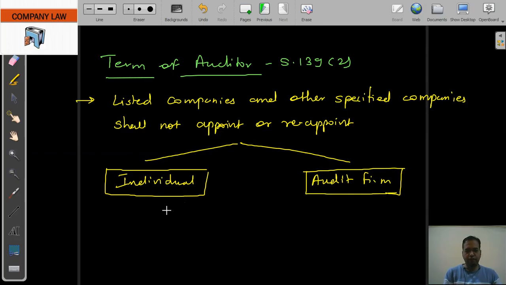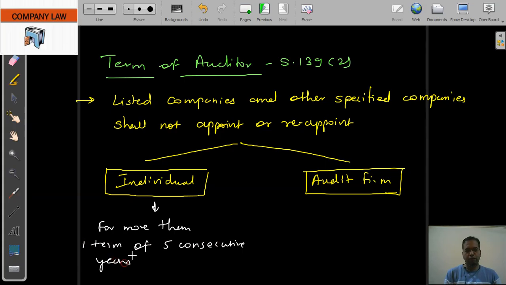So you can say for more than one term of 5 consecutive years, and here also for more than 2 terms of 5 consecutive years.